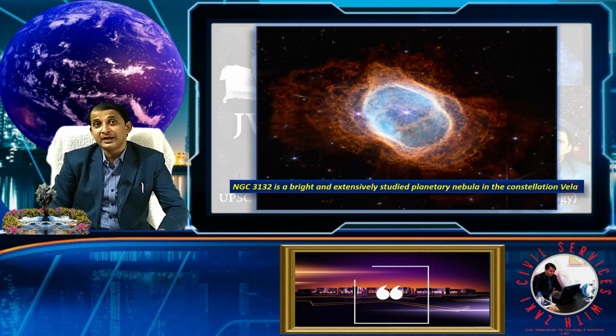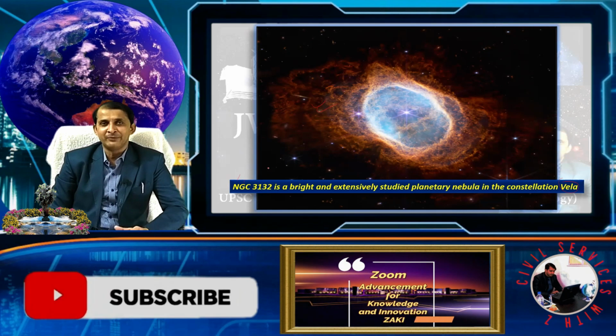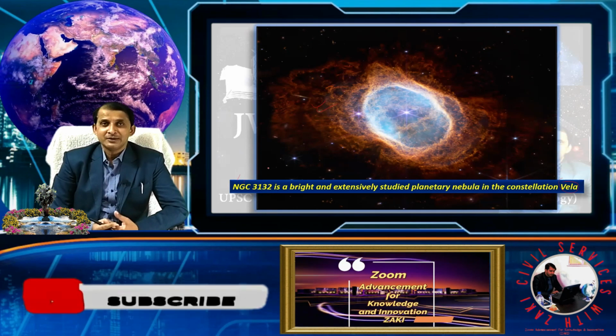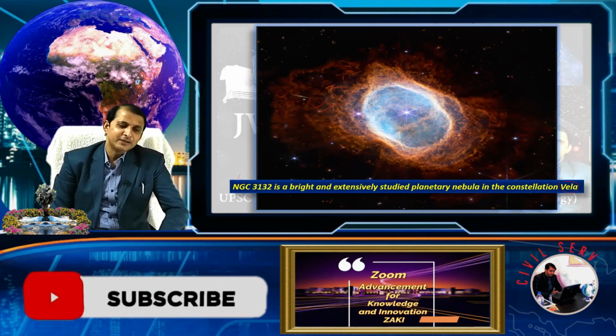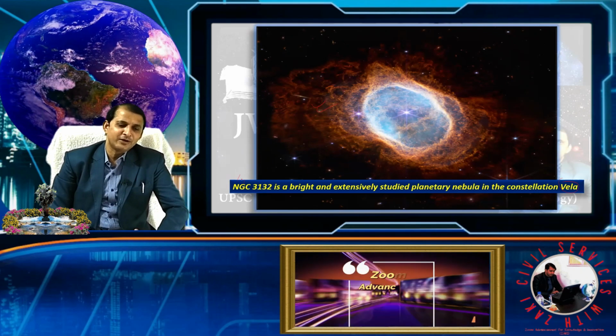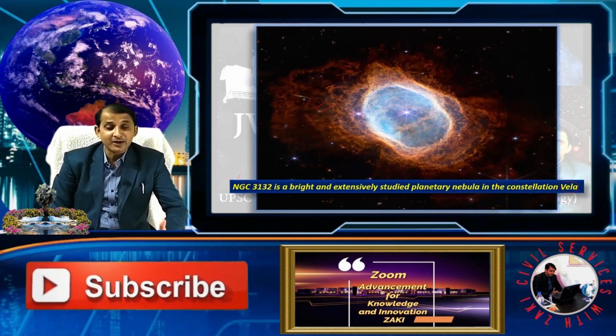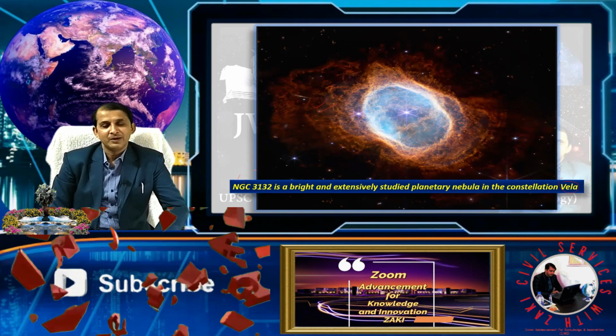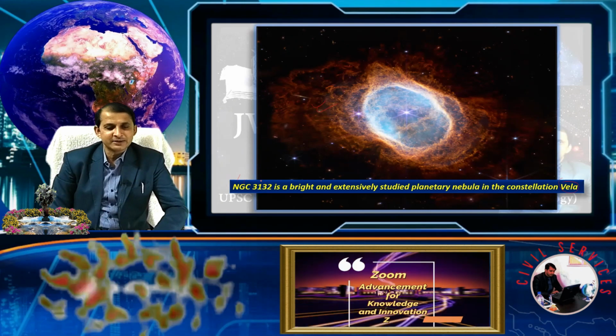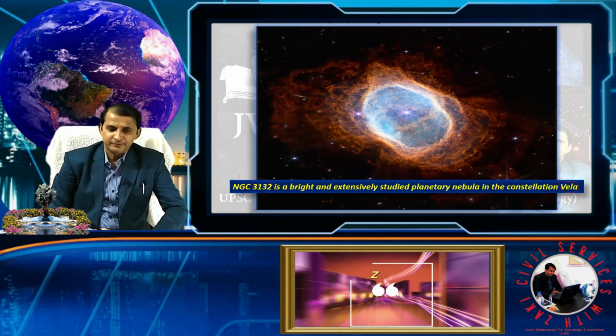What is the meaning of NGC? If you have any question in your mind, what is the NGC? NGC stands for New General Catalogue of Nebulae. That's why its catalogue number is 3132.